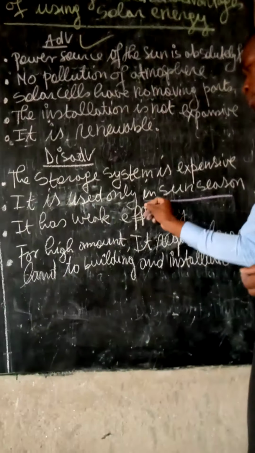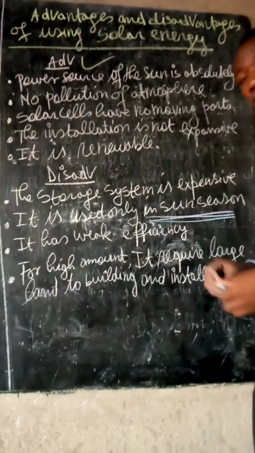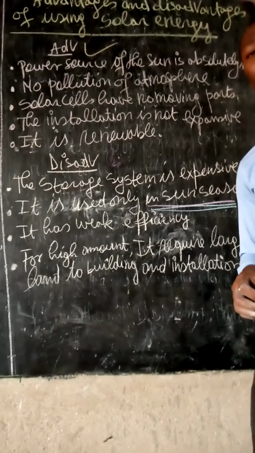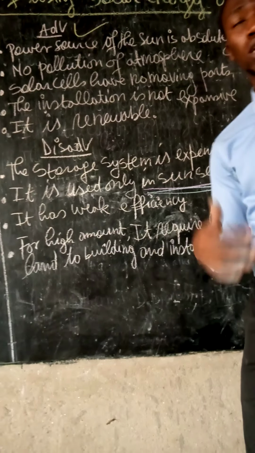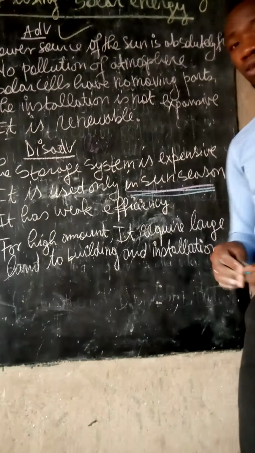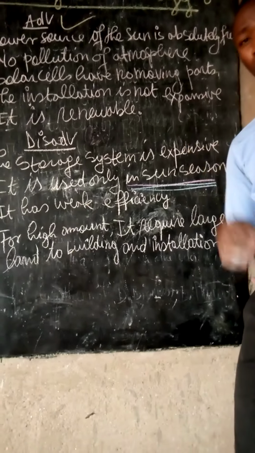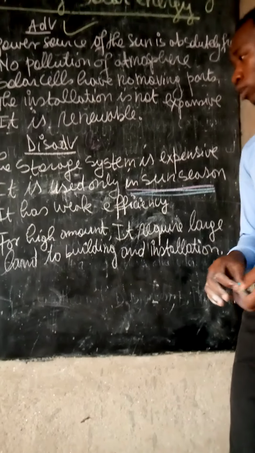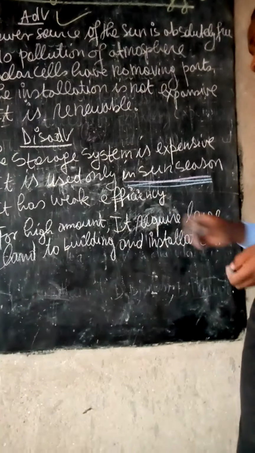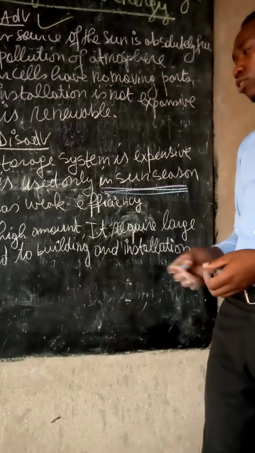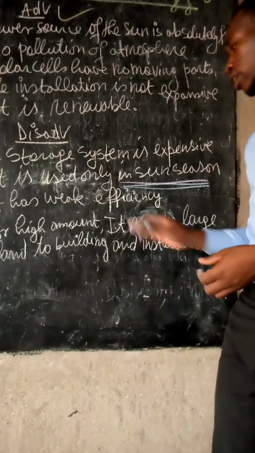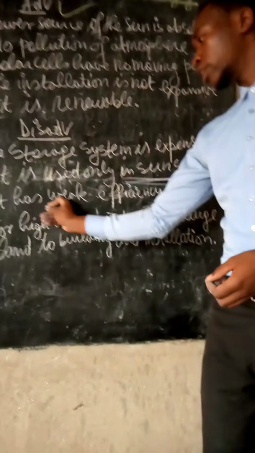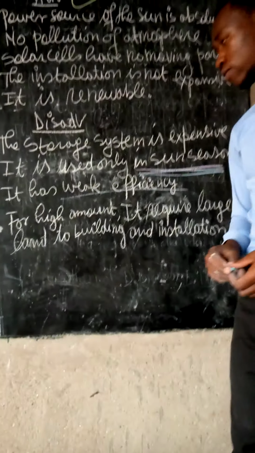This is a big problem because solar energy is available only in the sun season, but in the rainy season it disappears. It is very little, not considerable. It has weak efficiency. Because it is used in only one season, it is weak, with low efficiency.